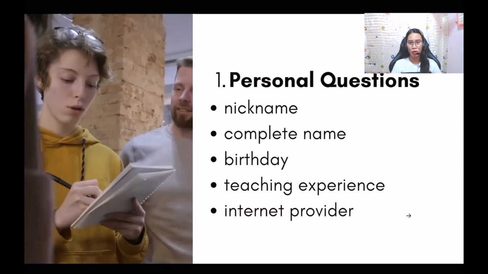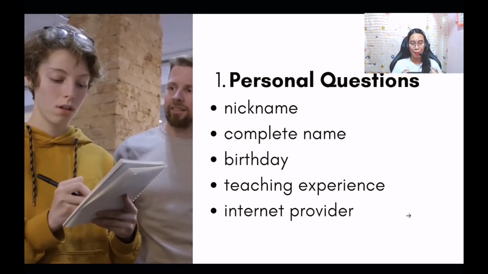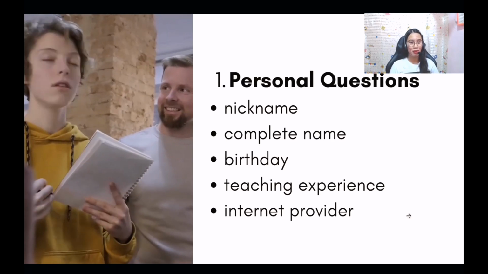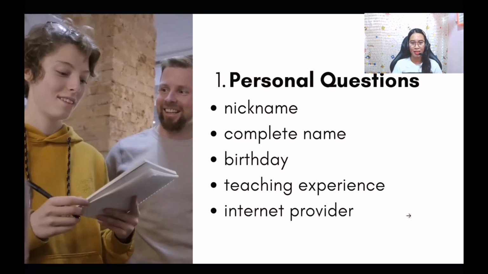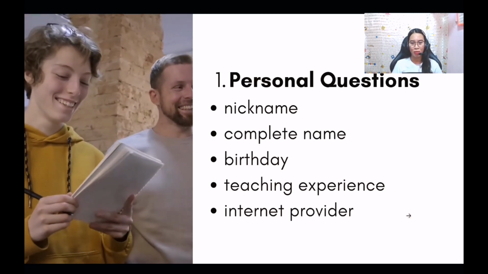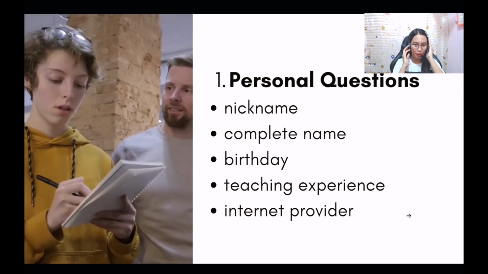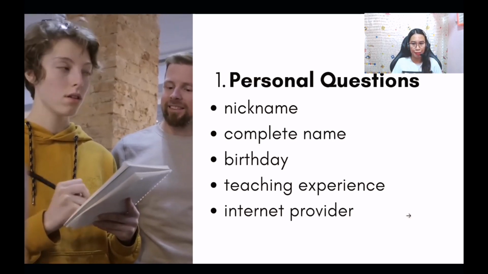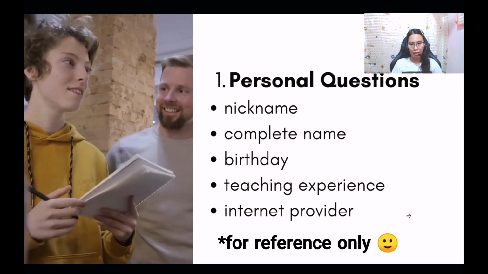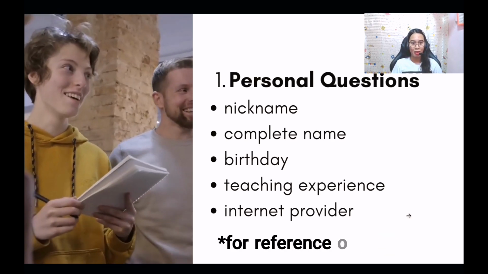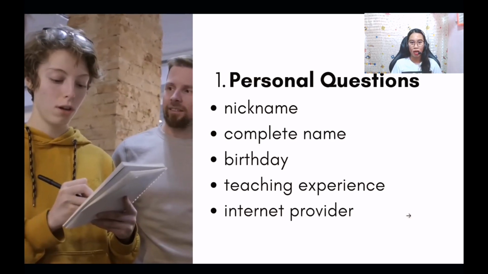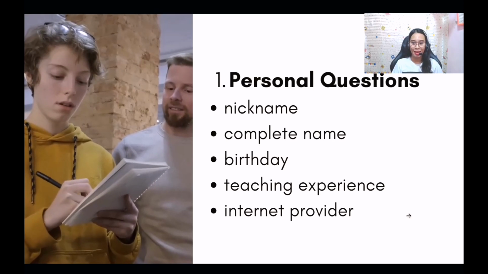Again, first you will be asked about your personal information. For example, your nickname, your complete name, your birthday, your teaching experience, and your internet provider. For example, I will give my own information. Hi, my name is Grace, but my complete name is Mary Grace Sigasig. I was born on the 24th of May.